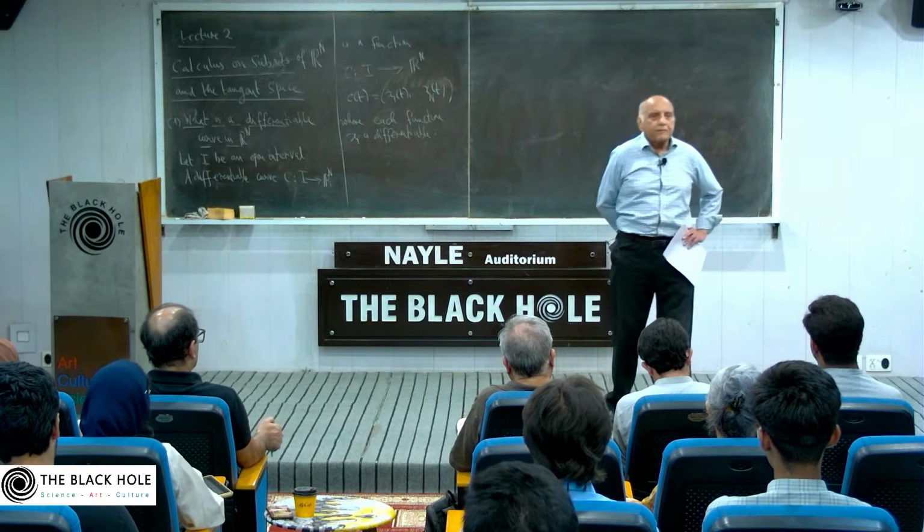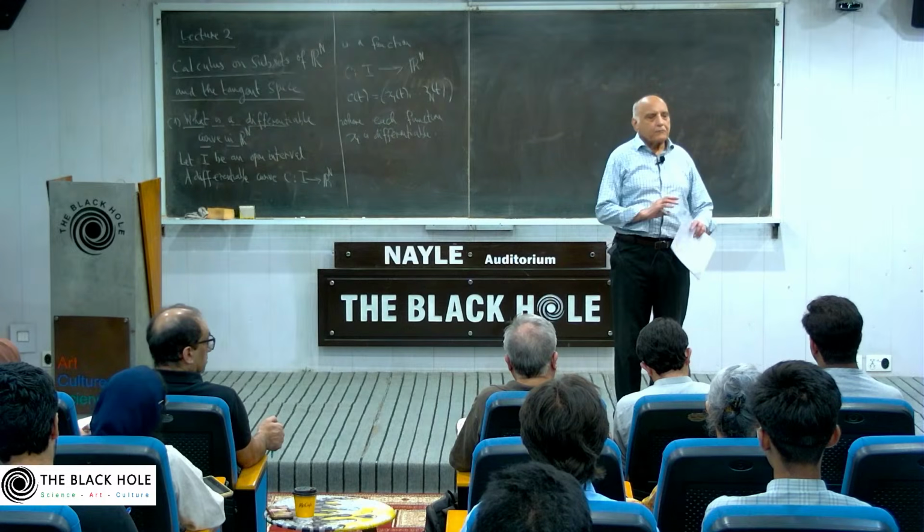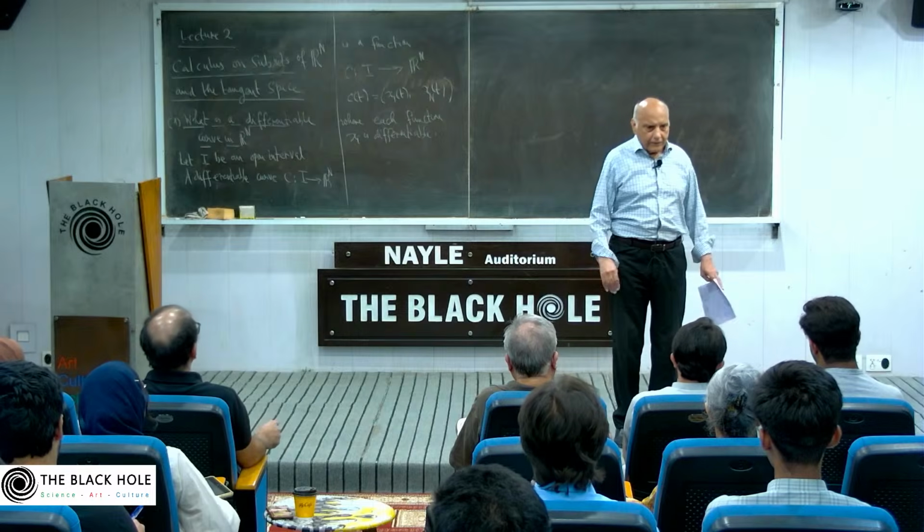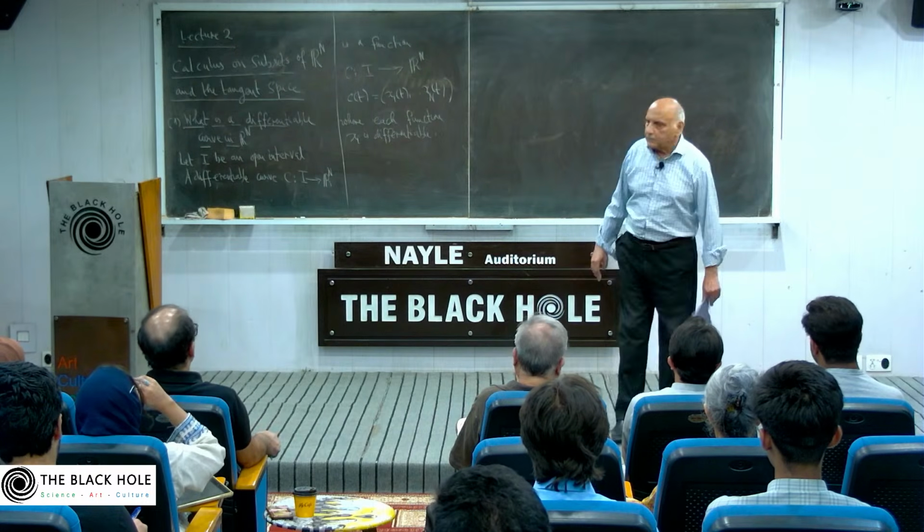Mujib, yes. A function whose derivative exists is called a differentiable function. That's right. But in this course, for technical reasons, we take it to mean you can differentiate it as many times as you like.